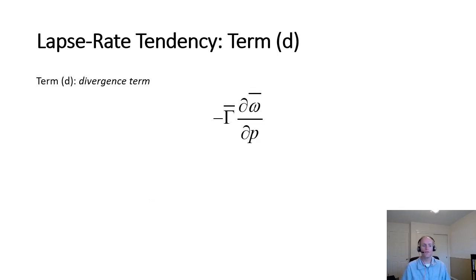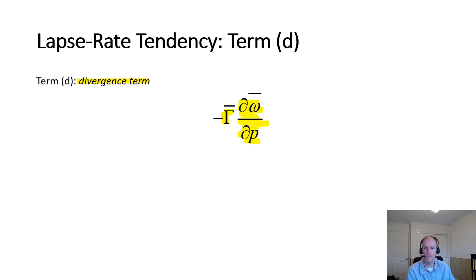All right, so we come finally to our last term in this series, which is our divergence term. And so far, we have had 3 terms, one of which we neglected, and 2 of which we said can only move things around, horizontally or vertically. Now we get to a term that can actually strengthen or weaken an inversion, and we'll show how as we go through this process. So again, we have our lapse rate that shows up here, and we have this partial derivative of omega with respect to pressure that shows up here.